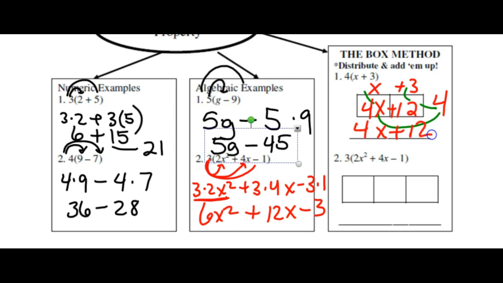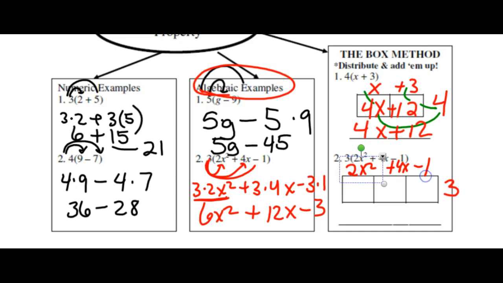So that's just a different method. You could do these either the same way that I did in the algebraic examples, or you could use the box method. So the second one, you notice is exactly the same. I put my 3 out there because there's only one of those. 2x squared plus 4x minus 1.